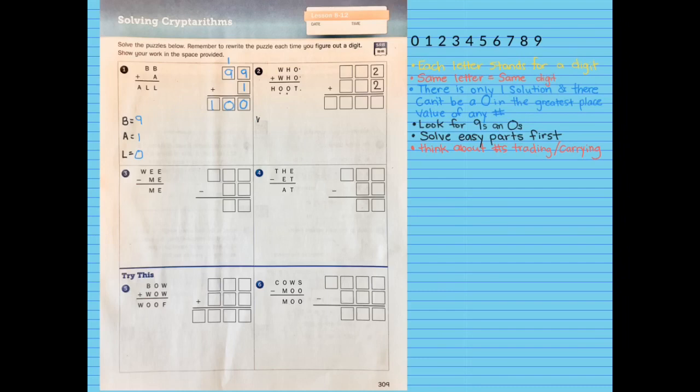So we've got W, we've got H, we've got O, and we've got T. So we're thinking for now that O equals 2. Okay, well, if O equals 2, let's go ahead and put a 2 here and a 2 here where the other two O's are in our puzzle.